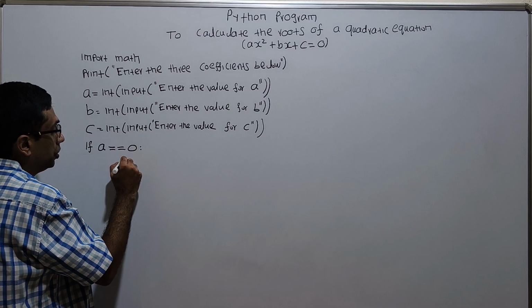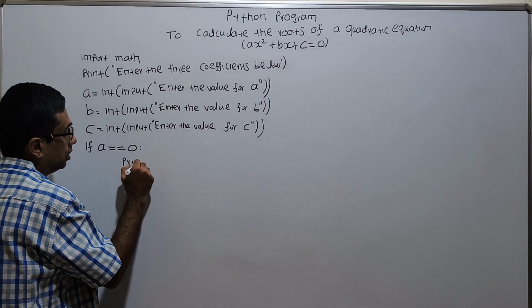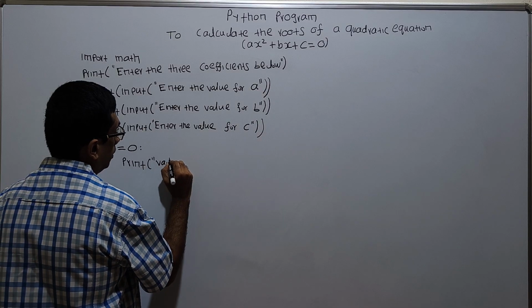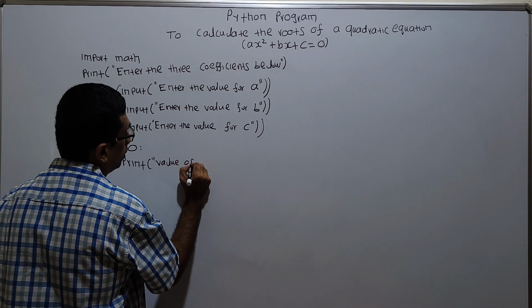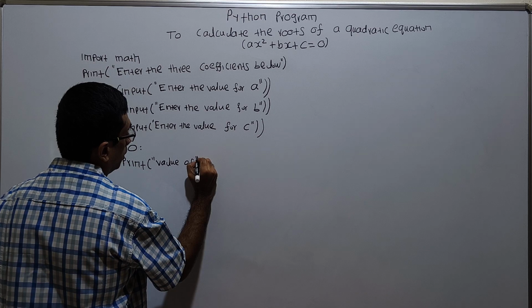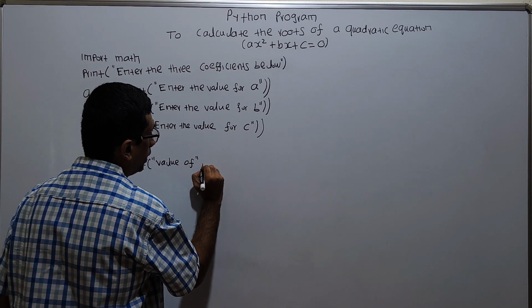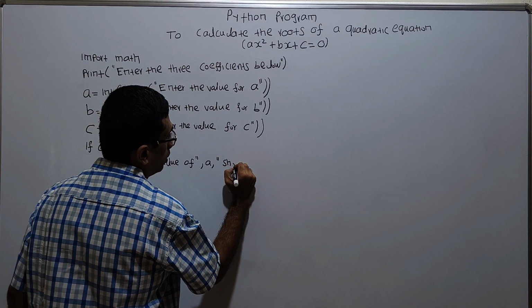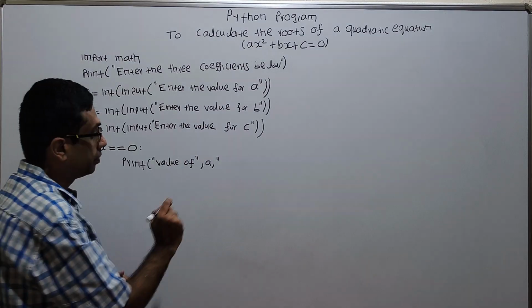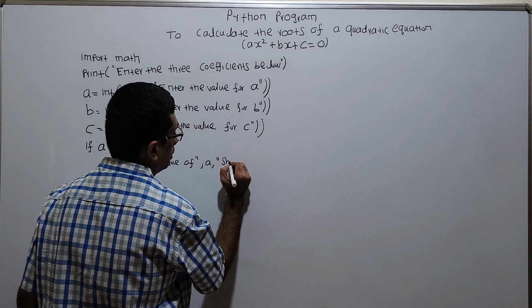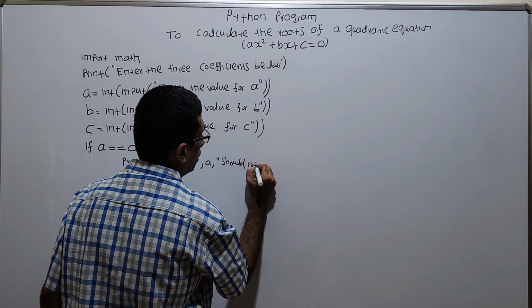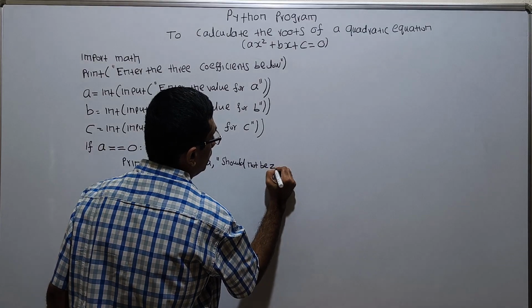I am printing a message. Print "value of" a string followed by the variable A followed by a string "should not be 0".